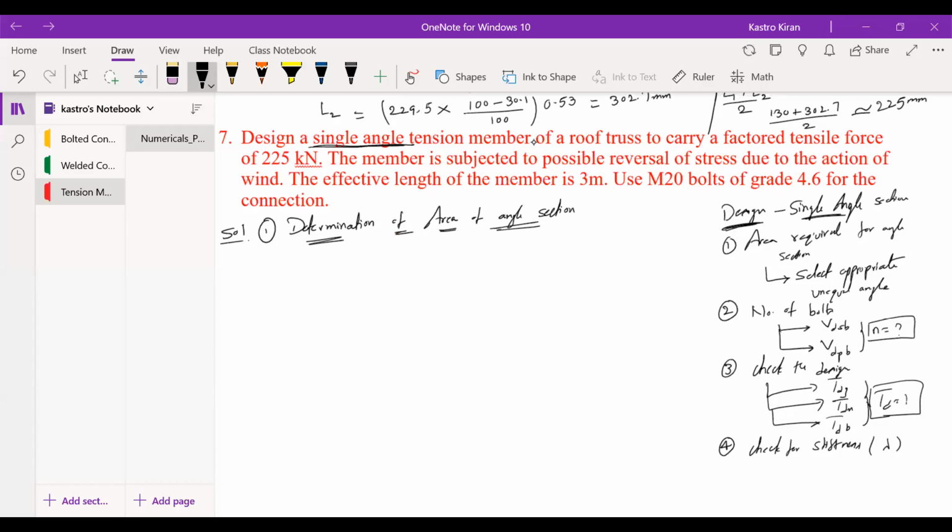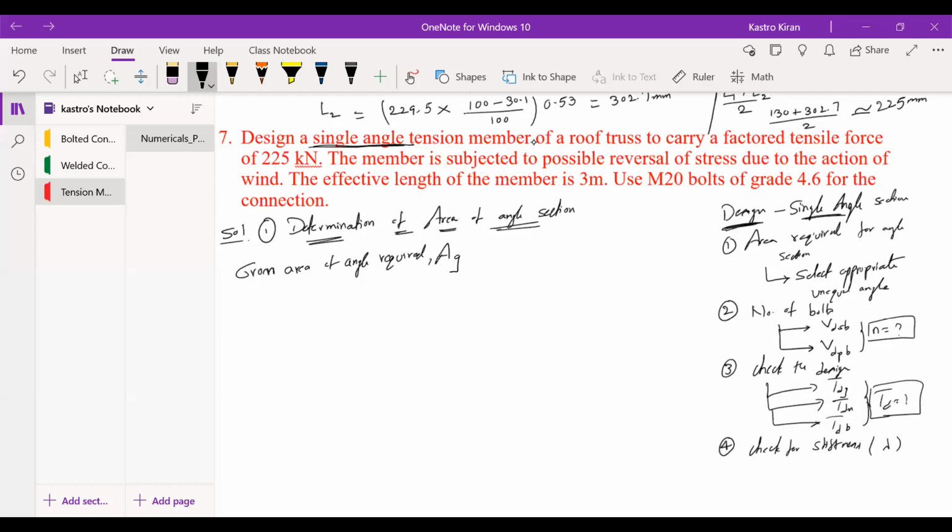Okay, fine. So in order to find out the area, we are going to have one formula, which is gross area of angle required. So we don't know what is the area.